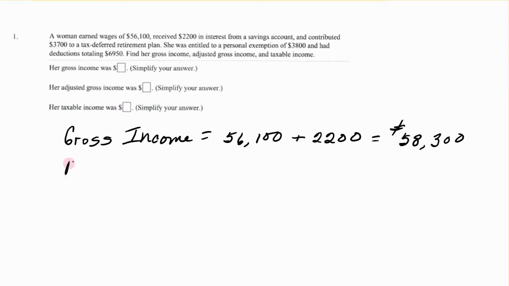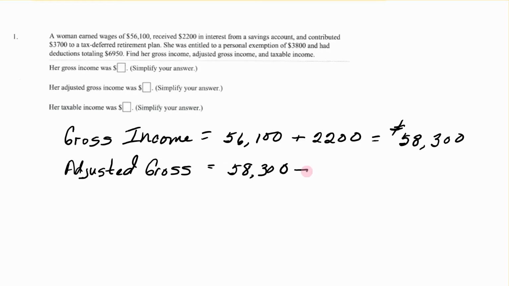Her adjusted gross is her gross income, $58,300, minus any adjustments that she has.